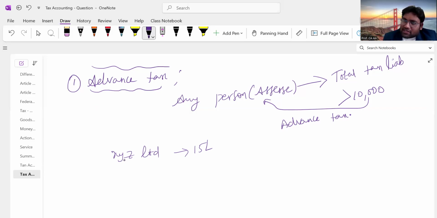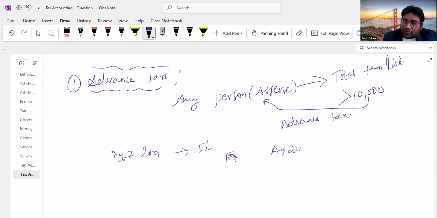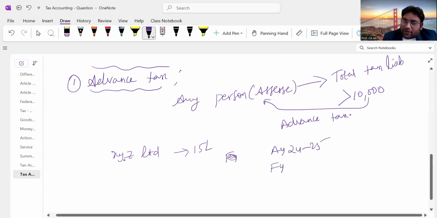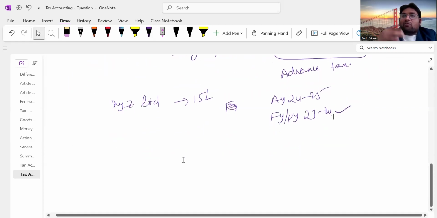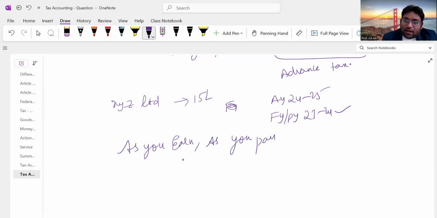We usually need to pay the tax in the assessment year 24-25, but we are paying in the financial year, or previous year, 23-24. We are paying in advance, as you earn, as you pay. That's why it is called advance tax.